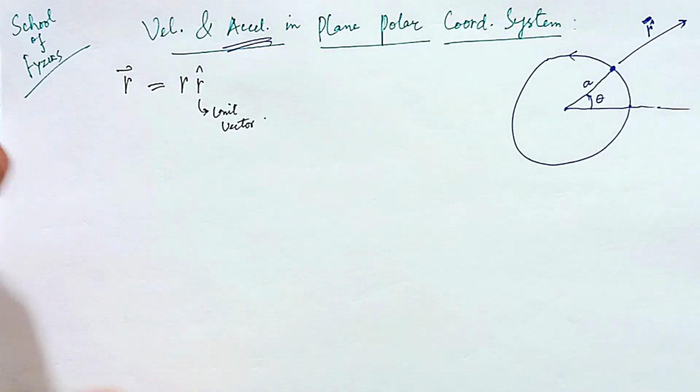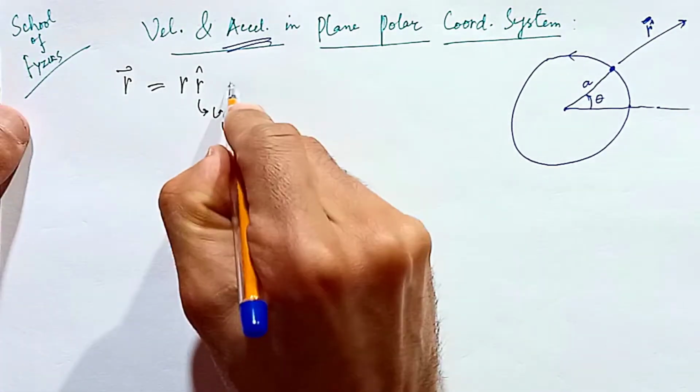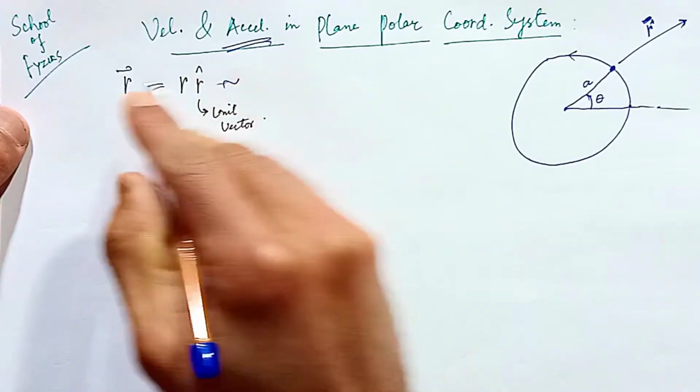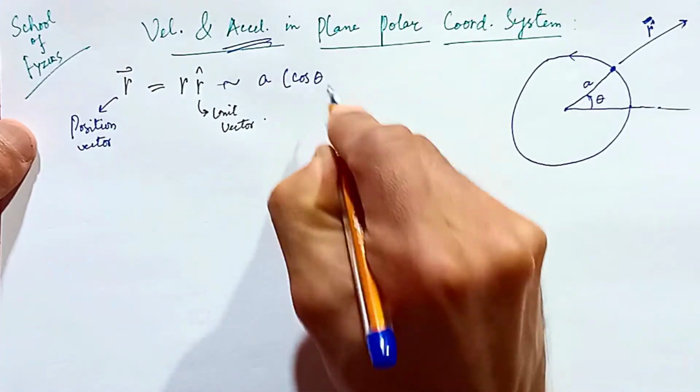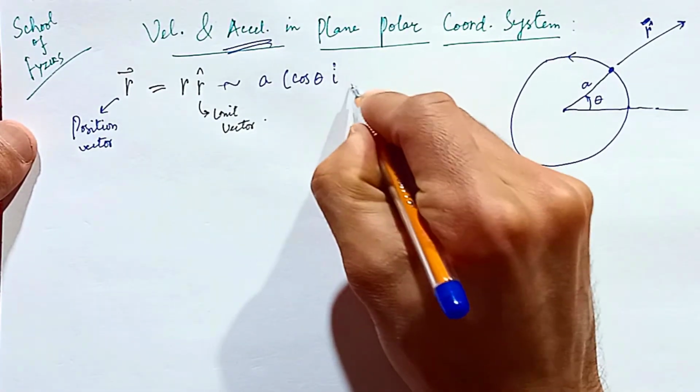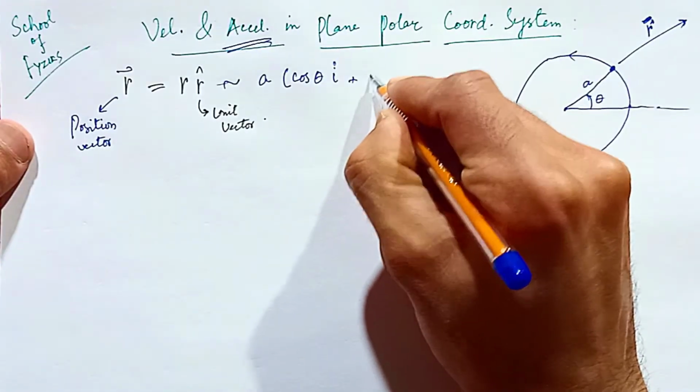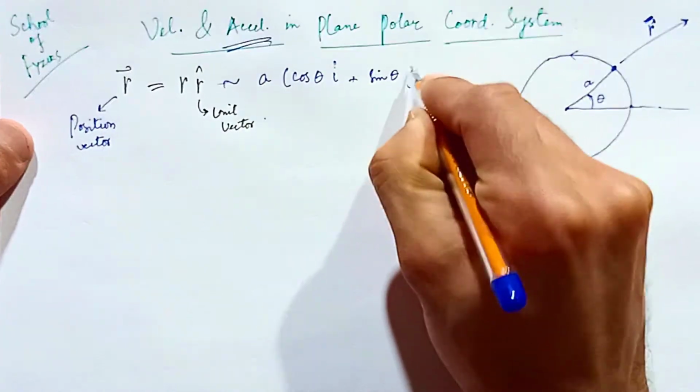And from the previous lecture, you have seen that we took the position vector of this particle, position vector r, as a multiplied by cosine of theta along i, and sine of theta j.